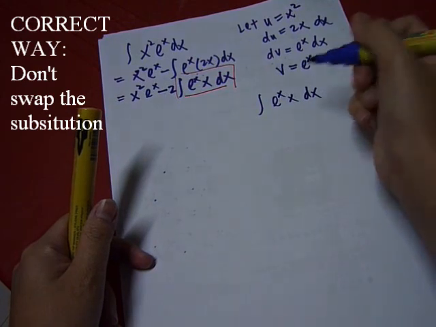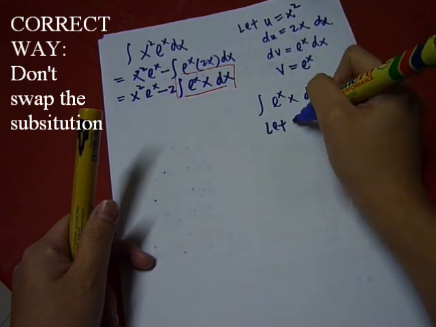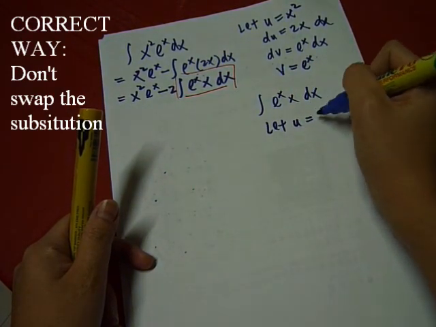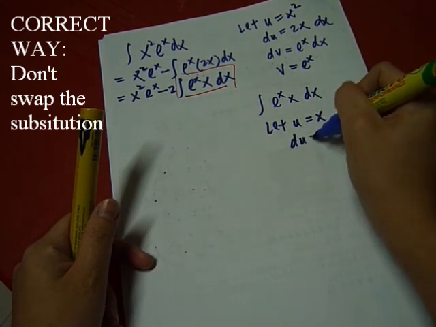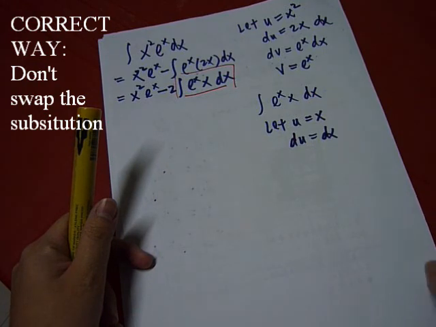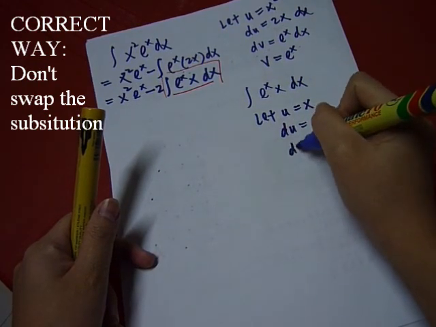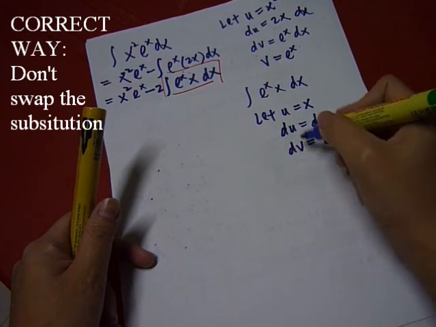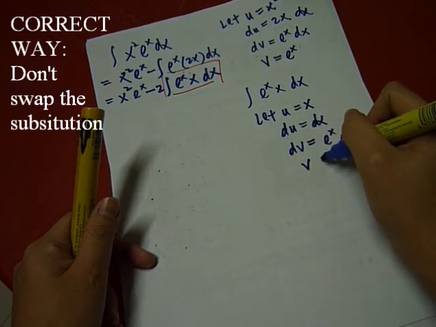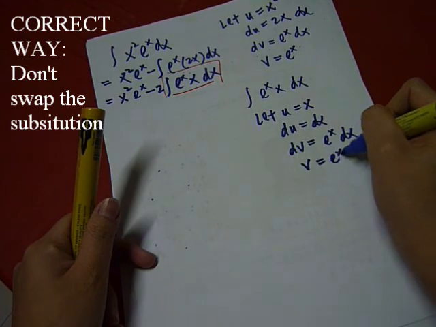Write it again. Let u equal x, then we'll get du equals dx, and let dv equal e^x dx, integrate it, we will get v equals e^x.